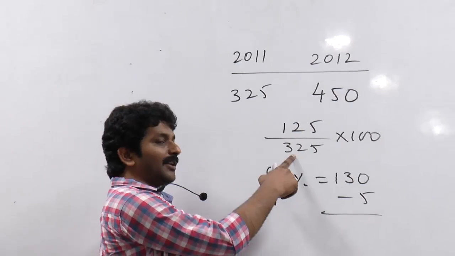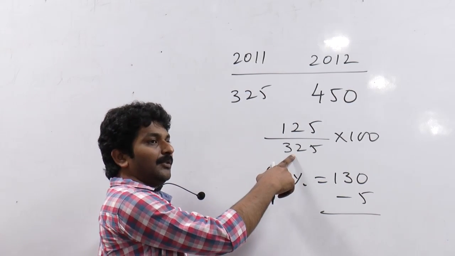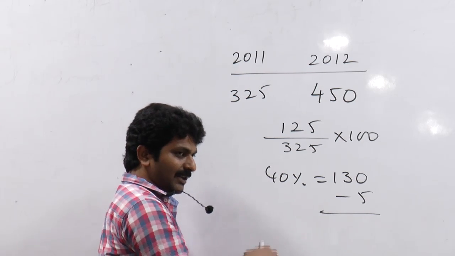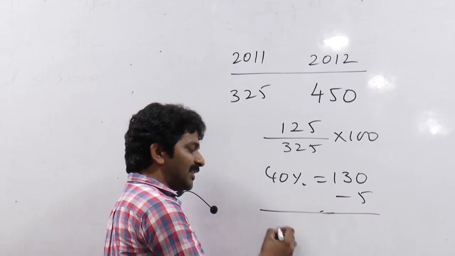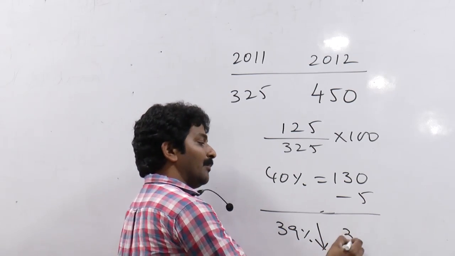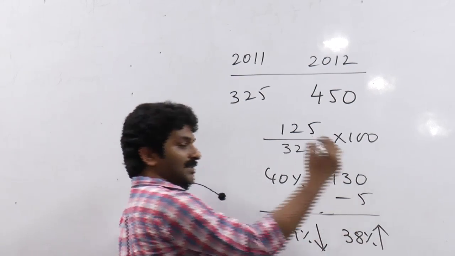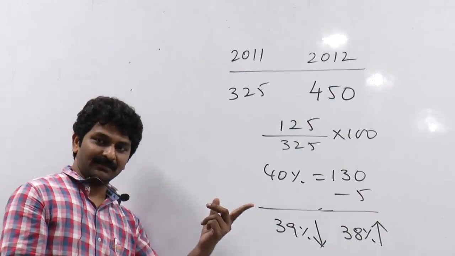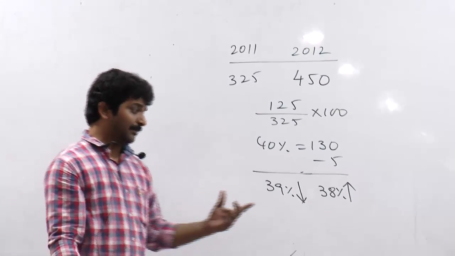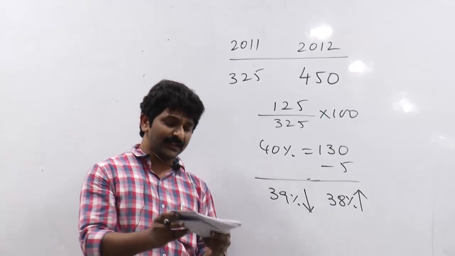What about 1% of the denominator? 3.25. 2% is 6.5. You need to subtract more than 1% but less than 2%. So the answer will be less than 39% but more than 38%. The answer will be between 38 and 39%.